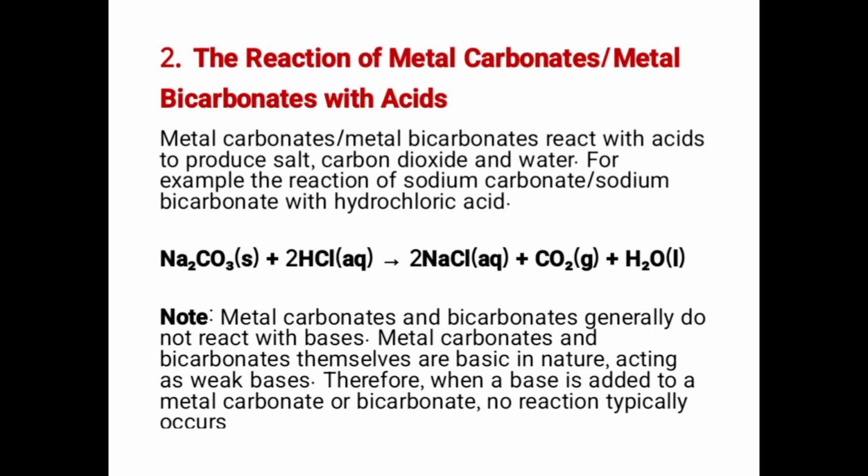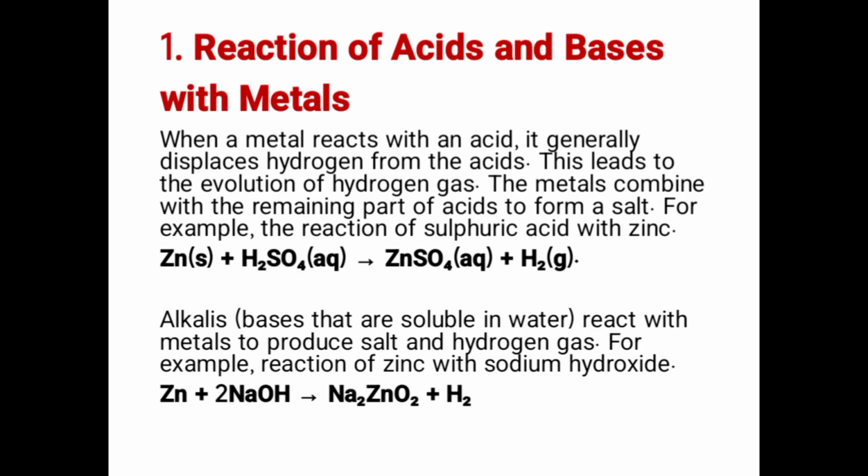We have also talked about the reaction of metal carbonates with acid to produce CO2 as a gas byproduct. We have also talked about the reaction of both acid and base with moderately reactive metals.